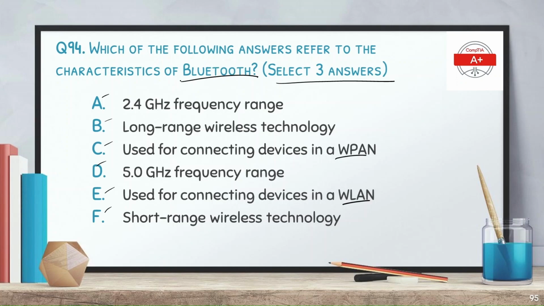And the correct options for Bluetooth are that it is a 2.4 gigahertz frequency range standard, it is used for connecting devices in a WPAN or wireless personal area network, and it is basically a short range wireless technology as compared to the WLAN.